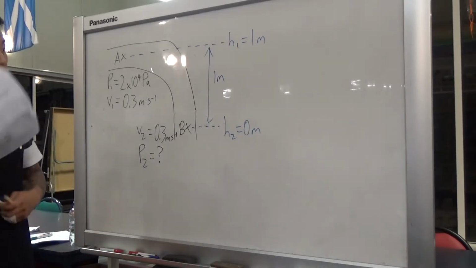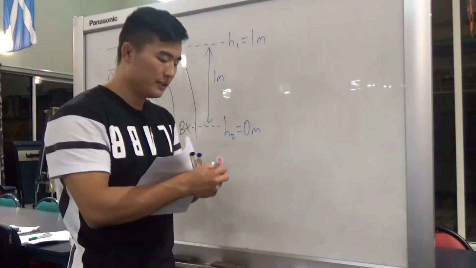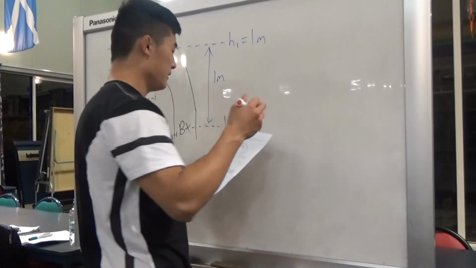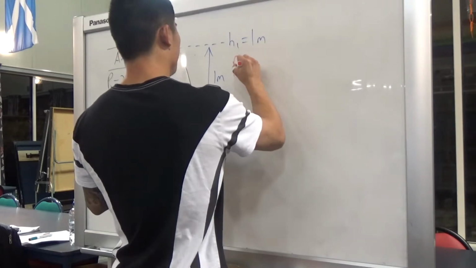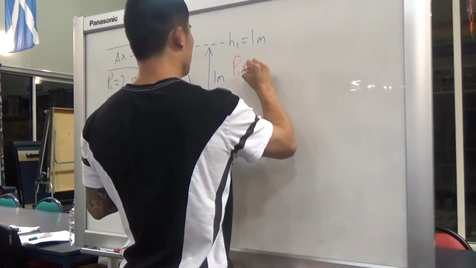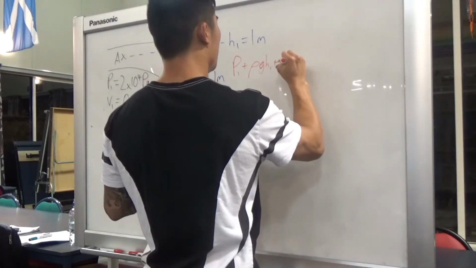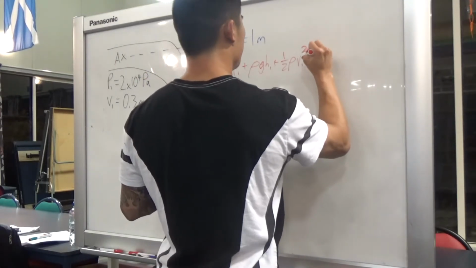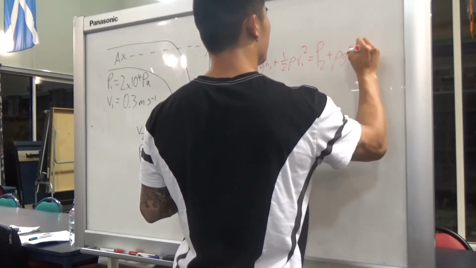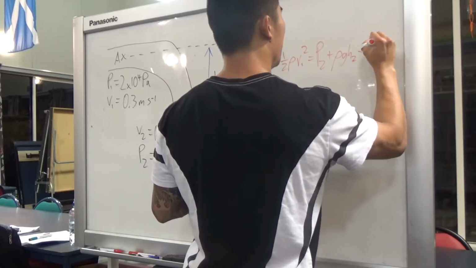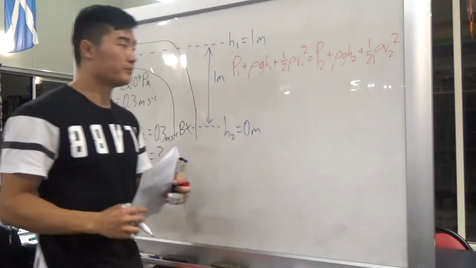Now, again, you've got a non-viscous liquid, which is water. So you're going to use the big long equation that we showed before. P1 plus rho GH1 plus half rho V1 squared is equal to P2 plus rho GH2 plus half rho V2 squared.